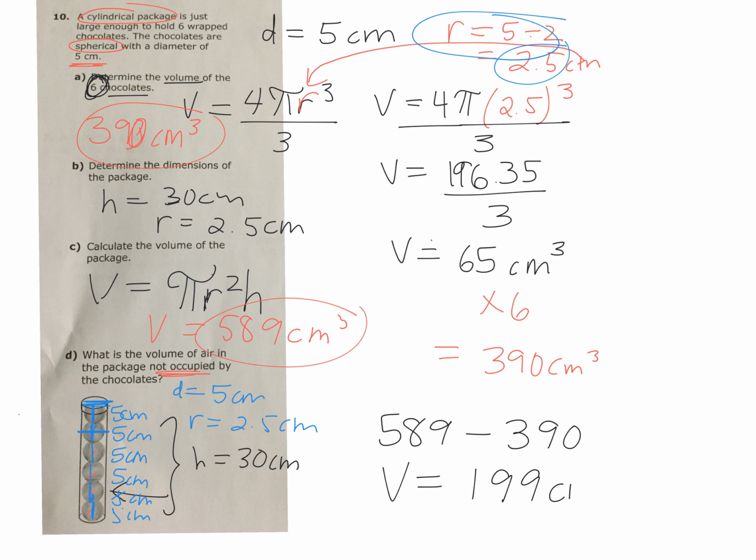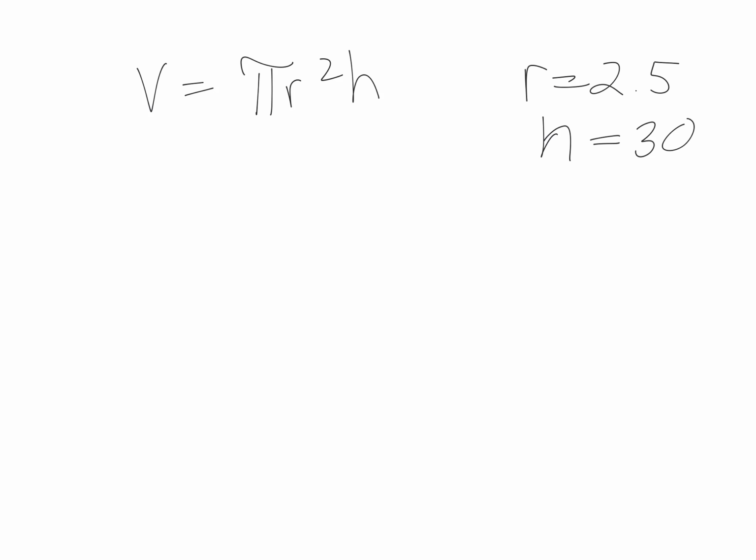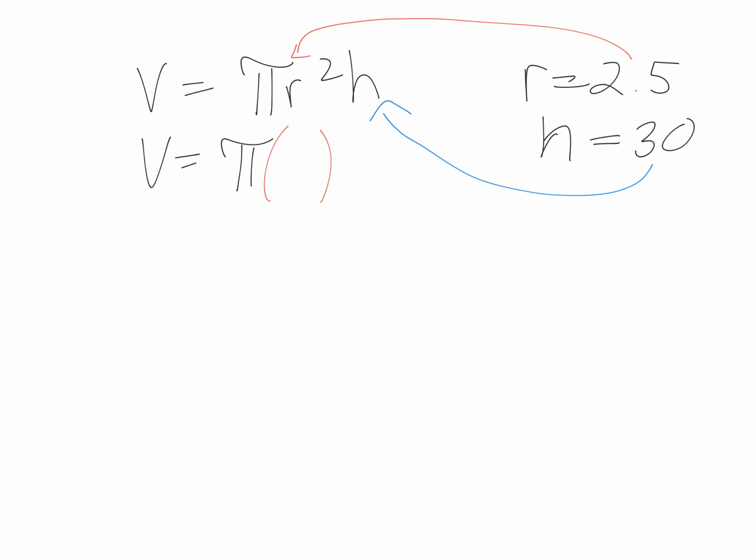Approximately 199 centimeters cubed. So we're going to plug in r and h to find the volume of the cylinder. Pi times radius squared, 2.5, times the height, which was 30. Once again, what's the very first thing I need to do on my calculator? Exponents. So we need to do 2.5 times 2.5. What's 2.5 squared?